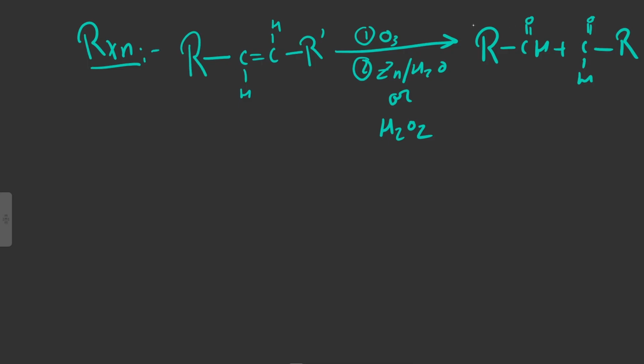Now let's take a look at the mechanism. So I'll explain that to you now. Alright, so let's take something for example that has a double bond. Let's take this, C2H4, ethene.